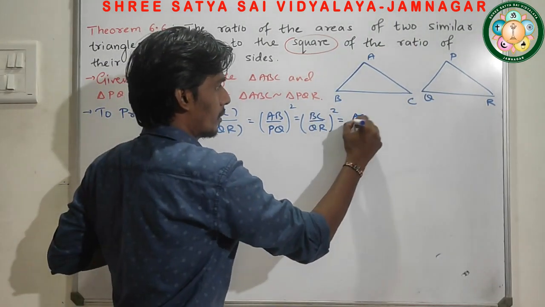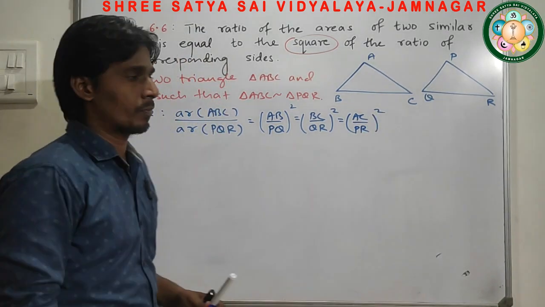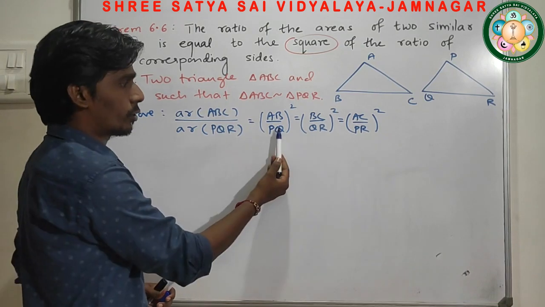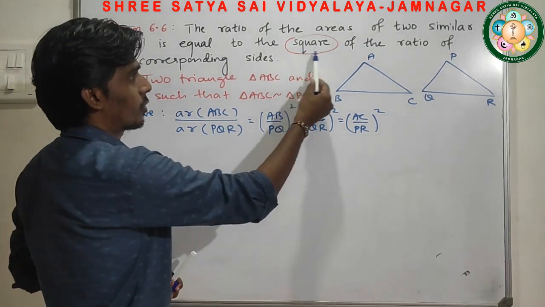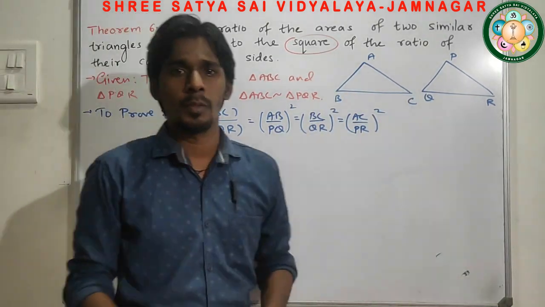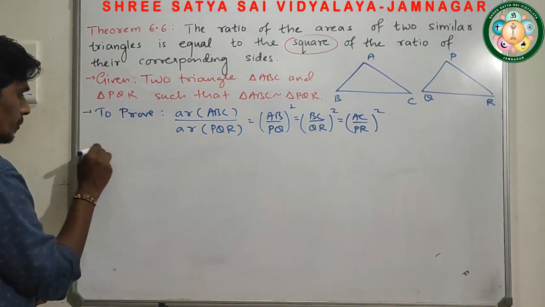PR. AC corresponds to PR, whole square. So this is the statement we have to prove: the ratio of the areas is equal to the square of the ratio of the corresponding sides. This we are going to prove in theorem 6.6. Let's start with the proof.